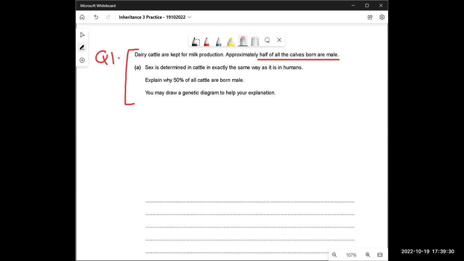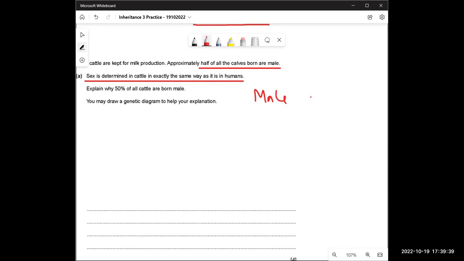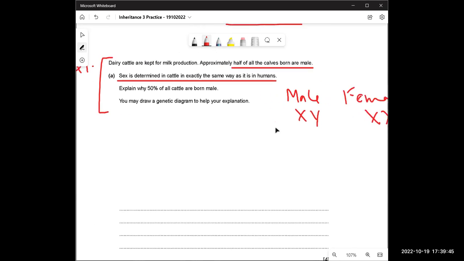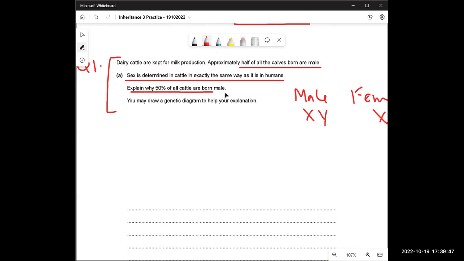They're telling us the sex is determined in exactly the same way as in humans. So we realize that male and female must be XY and XX, just like humans. Now, explain why 50% are born male. Draw a genetic diagram to show your explanation.